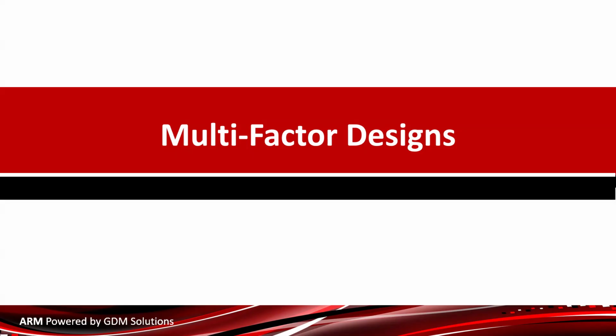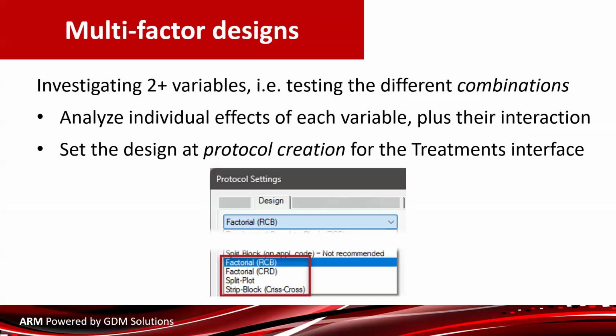So, as I said, first up is a brief introduction, definitions for the multi-factor designs in general. The idea here, as opposed to the regular RCB, the randomized complete block, that's ARM's bread and butter that gets used probably most often, is that multi-factor designs are really great when you're going to investigate two or more variables.